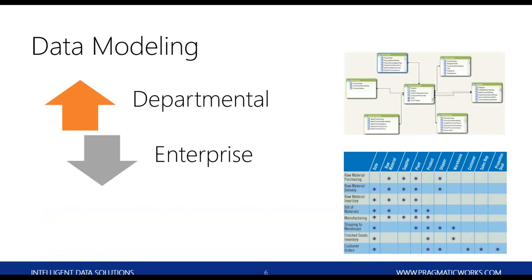Companies that are on the lower end of that maturity scale regularly have different departments within the org create their own data models to represent common entities that really should be the same across the organization. The common examples here are customer and product.